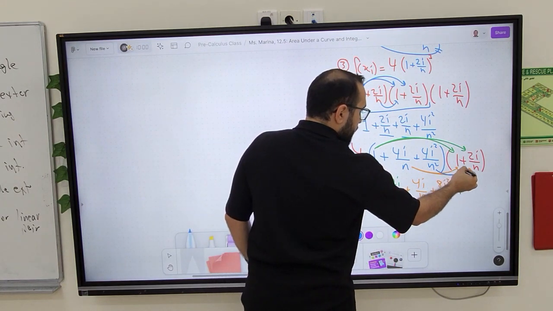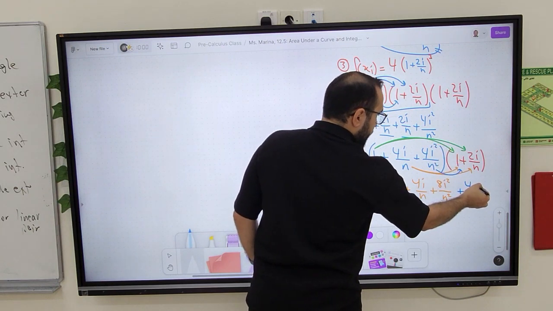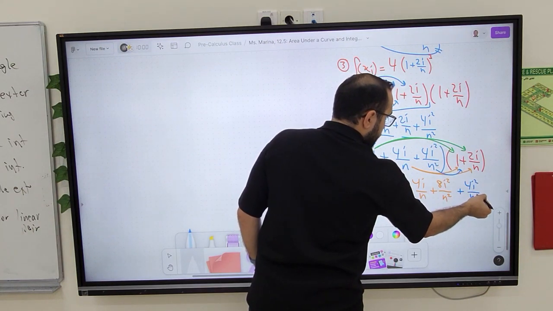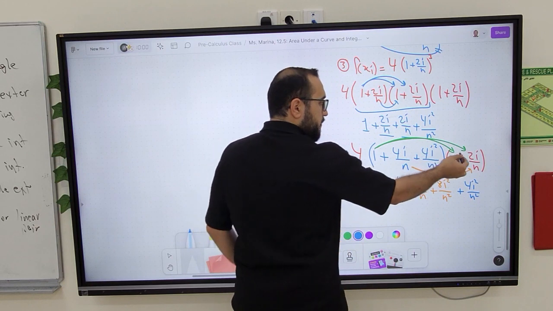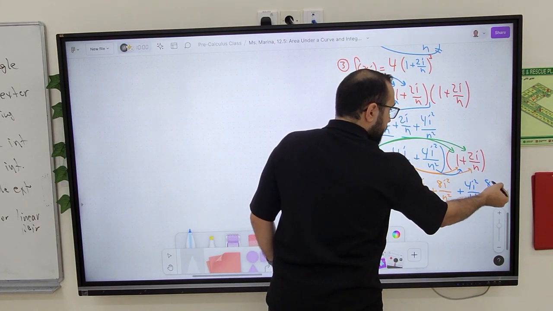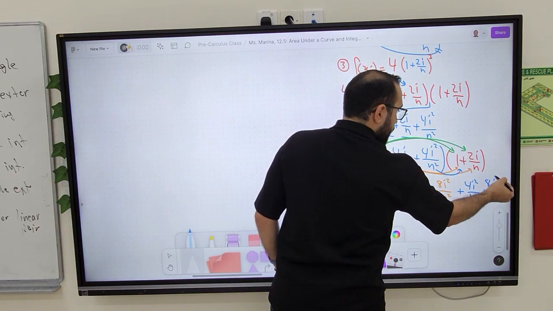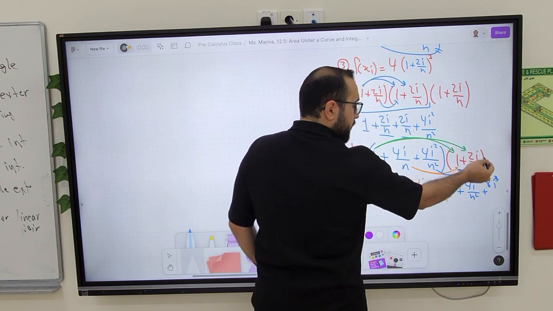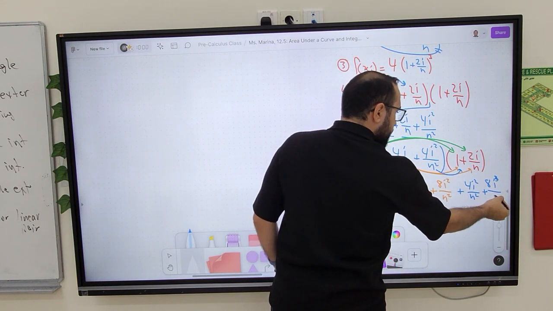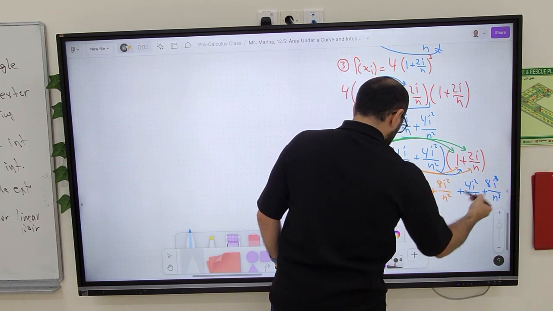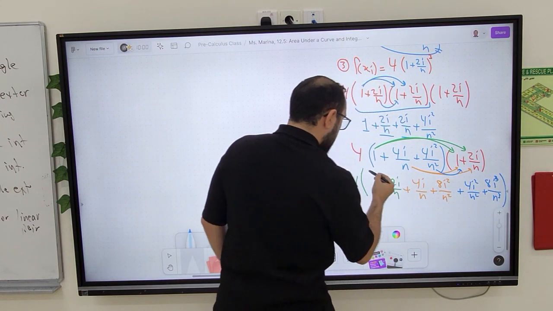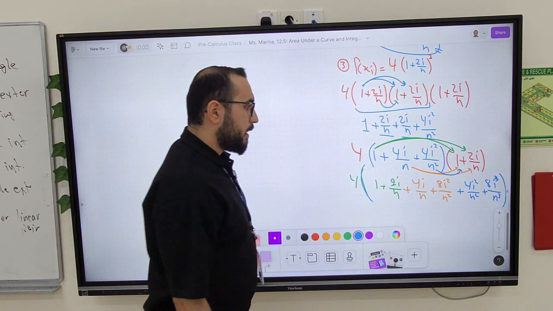Now do the last one. 4i squared over n squared times 1, same. 4 times 2 is equal to 8i squared times i, i cubed, because i squared times i is i cubed, over n squared times n, n cubed. So this one here is my answer.